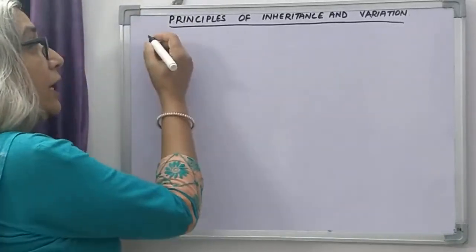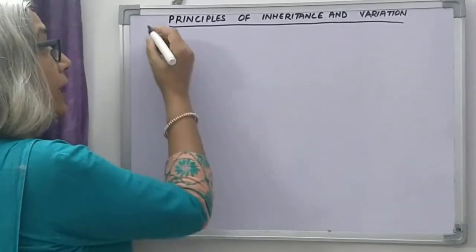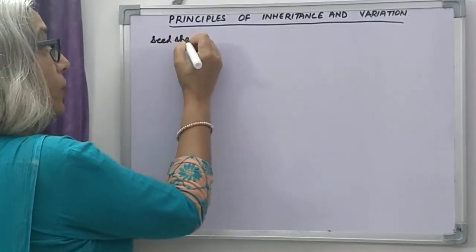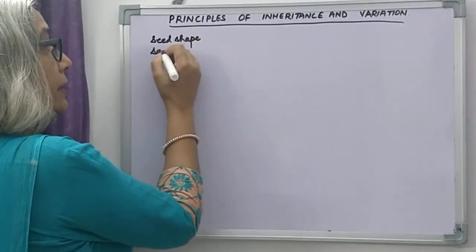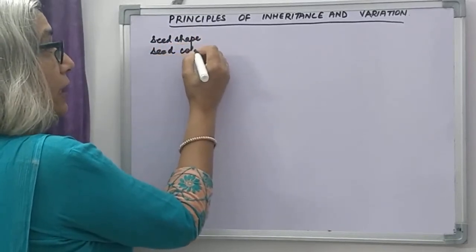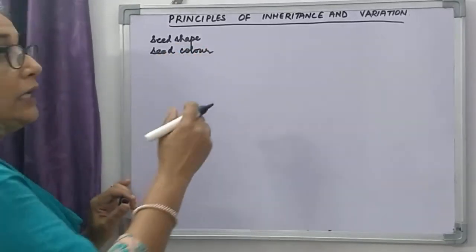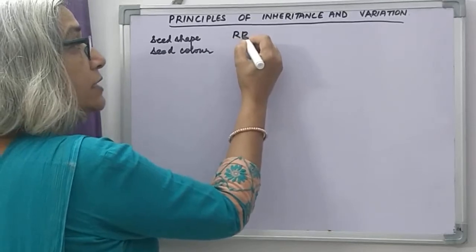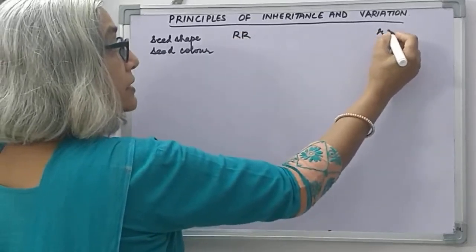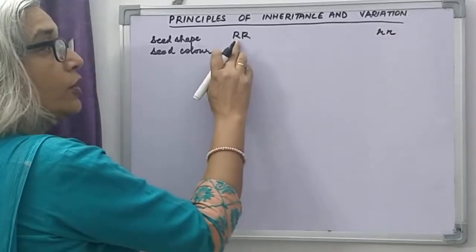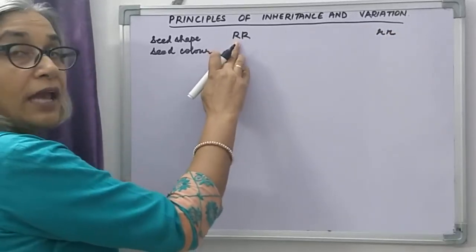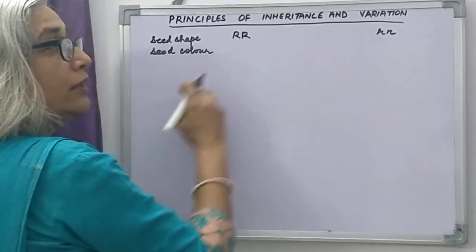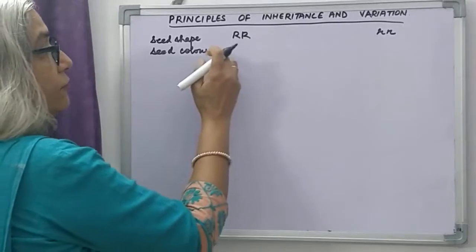So here we will take a dihybrid cross, and the characters that we are going to take are seed shape, one character, and seed color, the other character. Now two allelic forms of seed shape are round seeds and wrinkled seeds. As I told you, the dominant character is written in capital letters and the same letter in small is written for the recessive form.